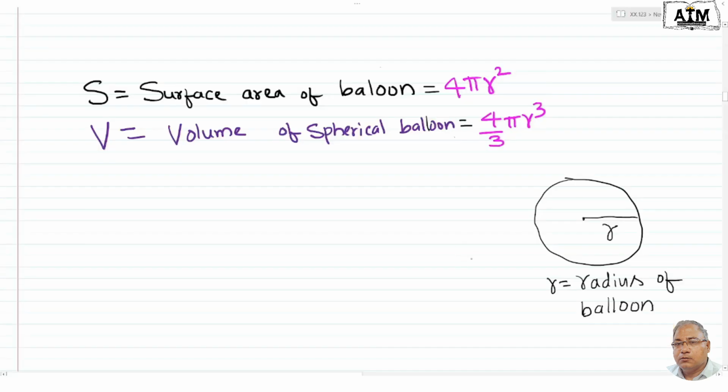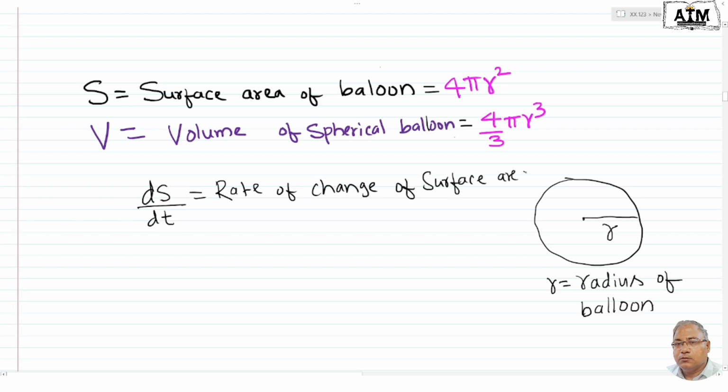Rate of change is, for example, dS by dt, which is nothing but the rate of change of surface area, and dV by dt is nothing but the rate of change of volume.